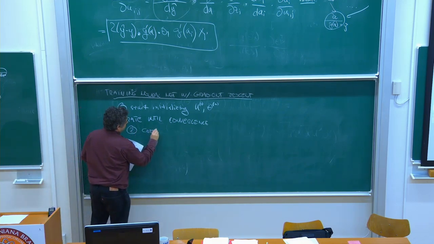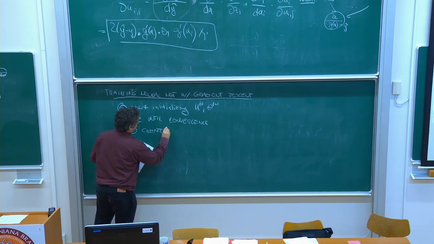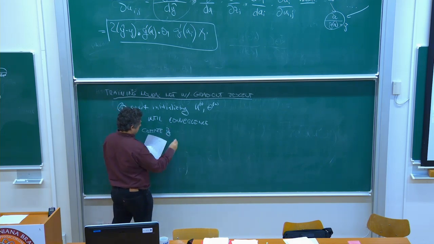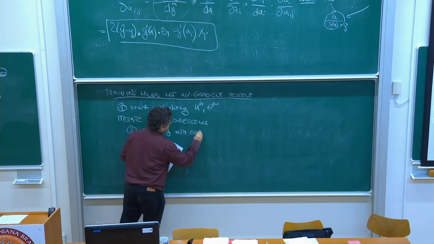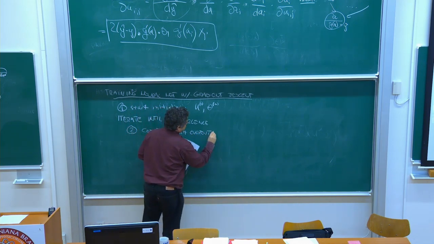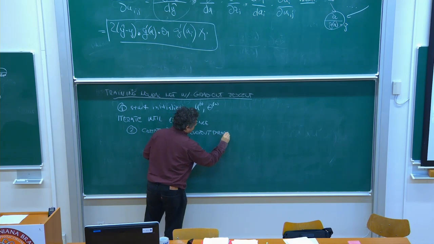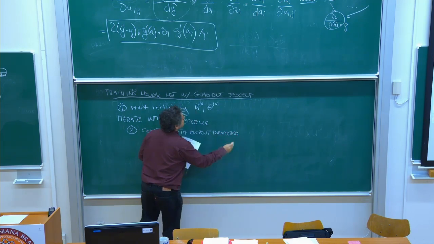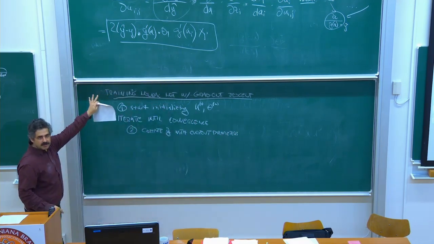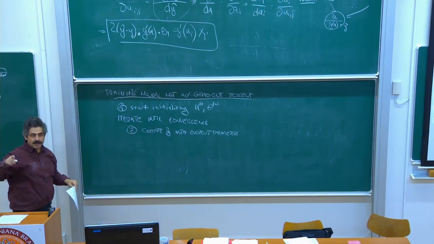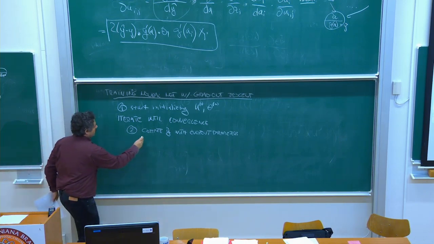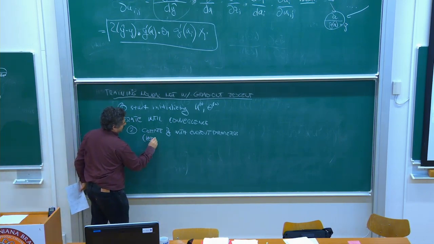So compute y hat with the current parameters. And as you can see, we are using a lot of the things that we compute in the middle, also in this formula. So also keep the intermediate computations.